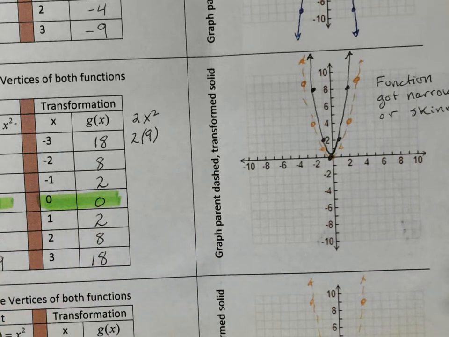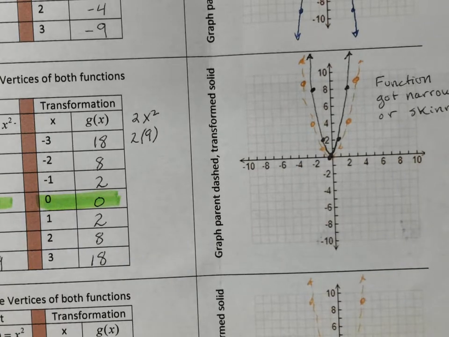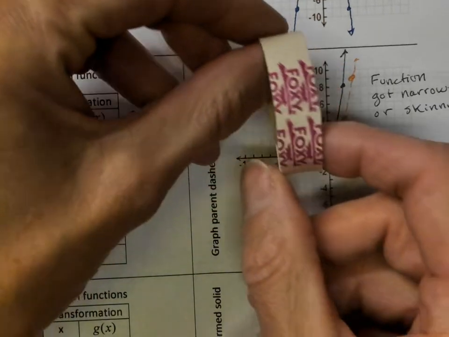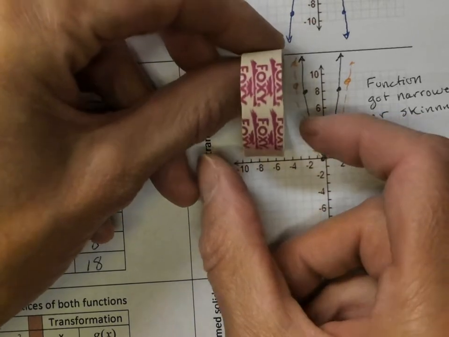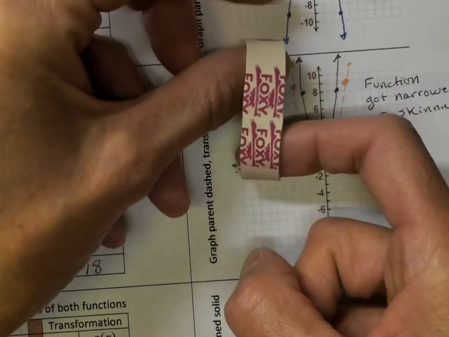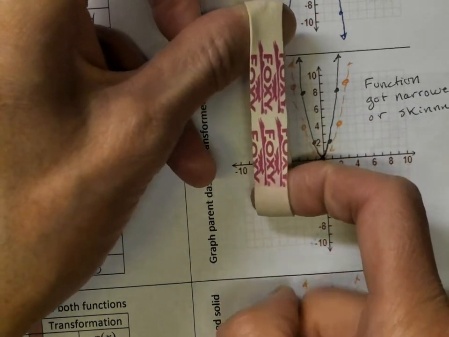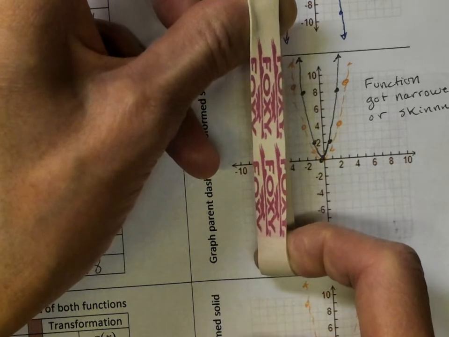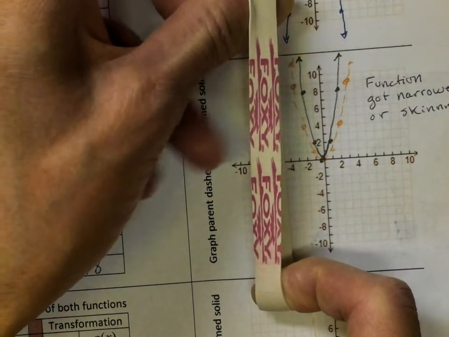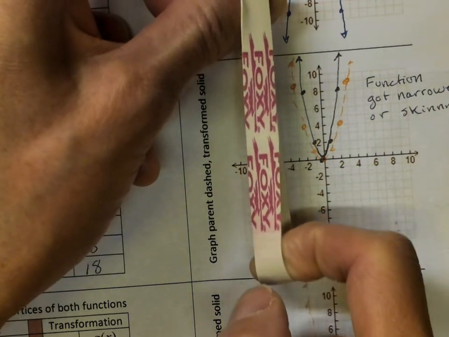So we say that this is a stretch. What I want to show you is I have a rubber band. If you pretend that's the parent function, notice the letters on the rubber band. As I stretch it, notice how they get stretched up and down, and the letters are getting skinnier left to right.